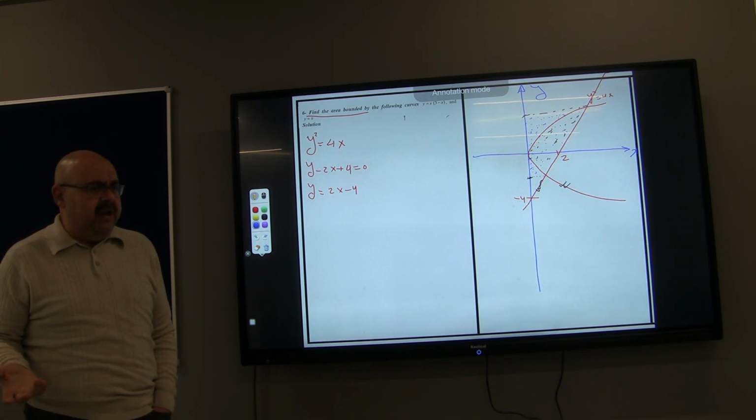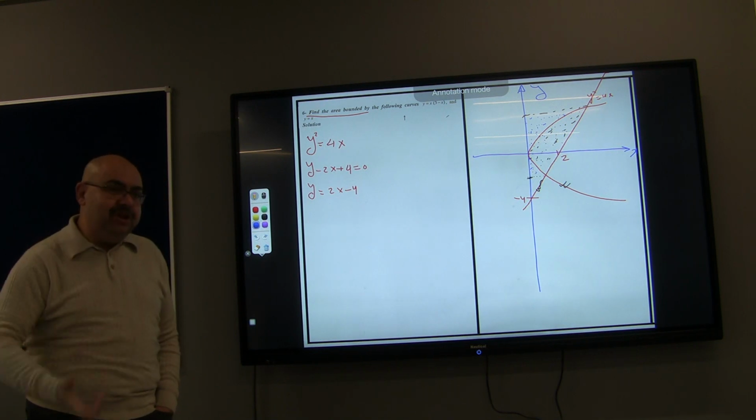عشان اعمل integration with the y-axis ايه اللي انا محتاجه؟ First of all محتاج integration limits.